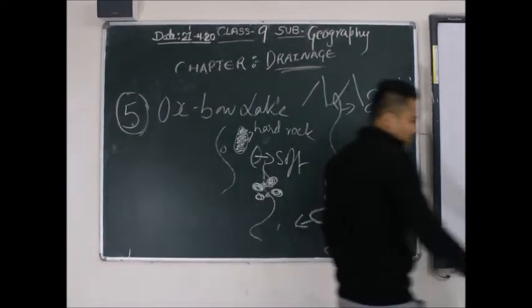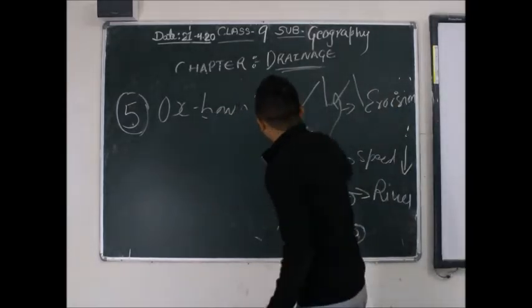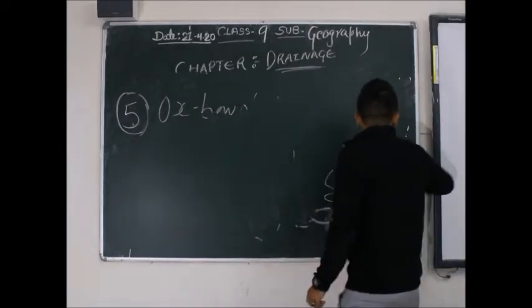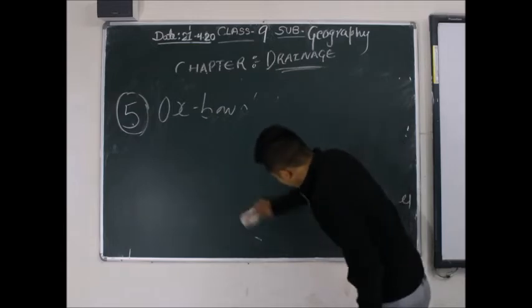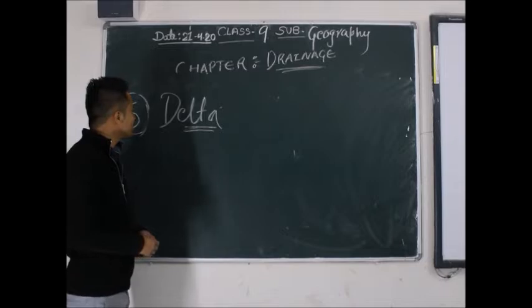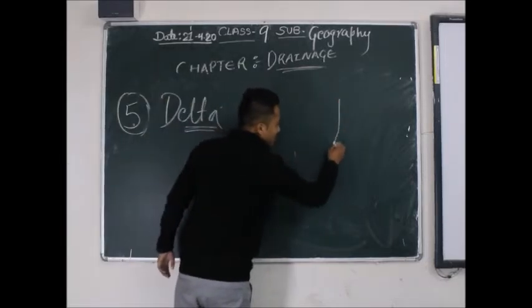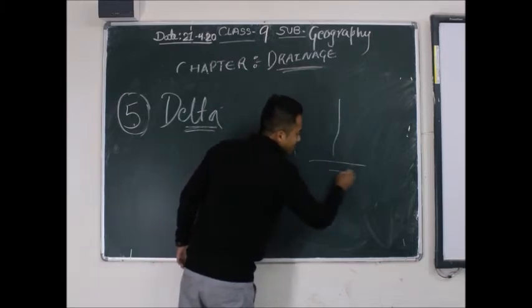Now we will come to the next topic, which is delta. Okay, now let's talk about delta. What exactly is delta? This is the river, and this is the sea, or let's say the ocean.